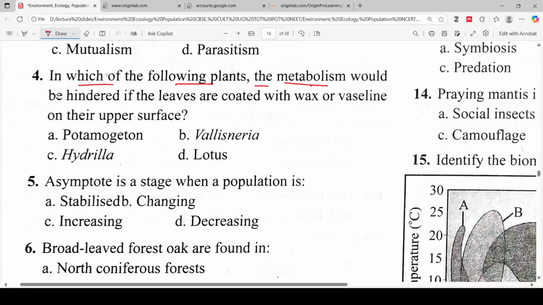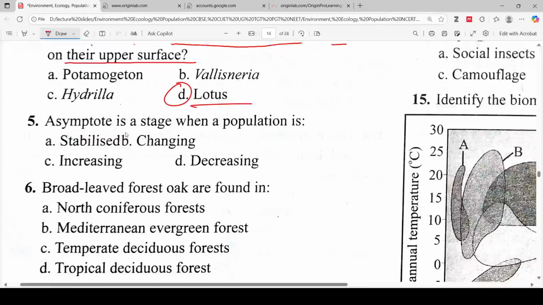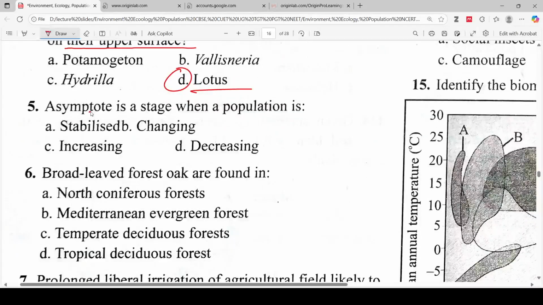Next question: in which of the following plants would the metabolism be hindered if the leaves are coated with wax and vaseline on their upper surface? So the correct answer is option D, lotus. Next question: asymptote is a stage when a population is stabilized, changing, increasing, decreasing.